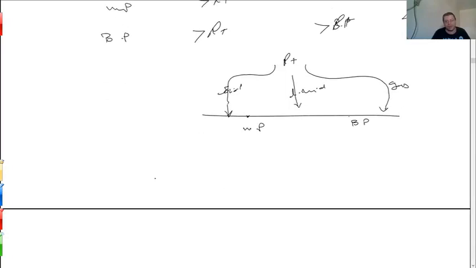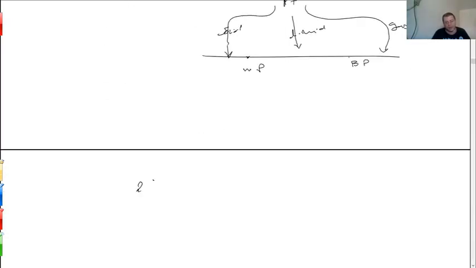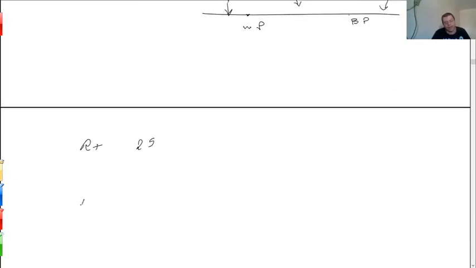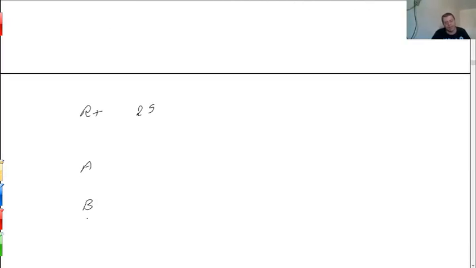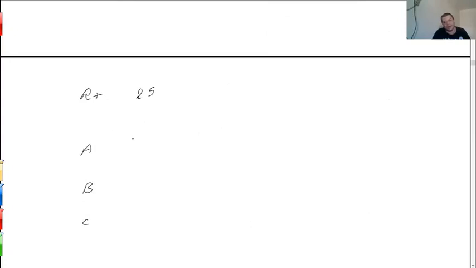And if I say the room temperature is 25, this one is the room temperature. I have a substance A, a substance B, and a substance C. For each one of them, the melting point is given and the boiling point is given, and you need to predict the state. Is it solid, liquid, or gas?